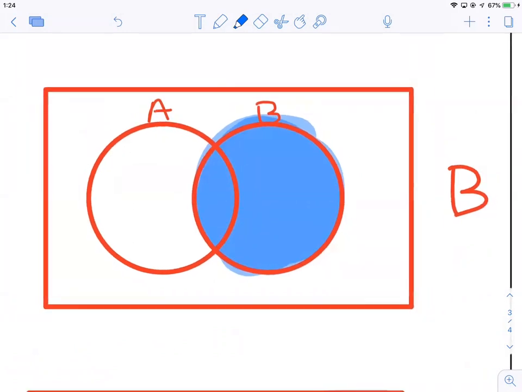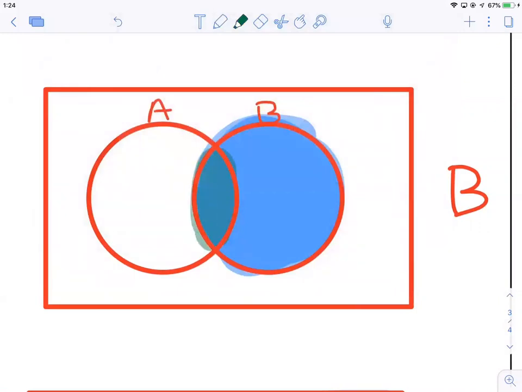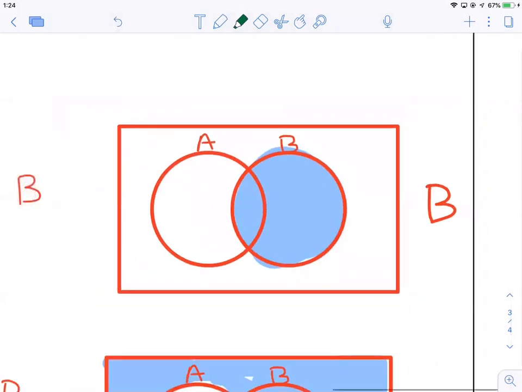So out of that set of population, how many also satisfy event A? Because I want to know the probability of A. Well, that's going to be that probability, and isn't that the probability of A and B?